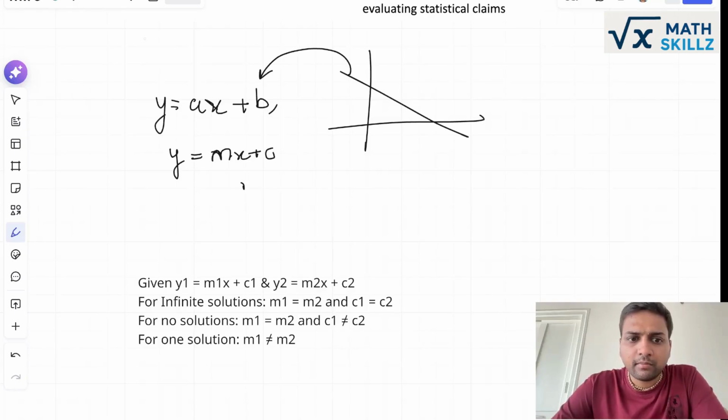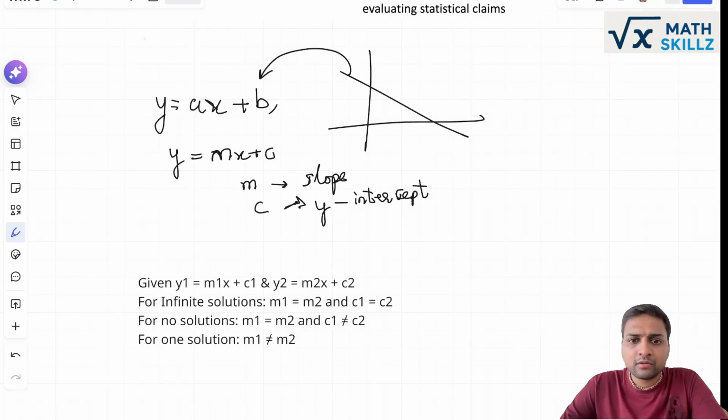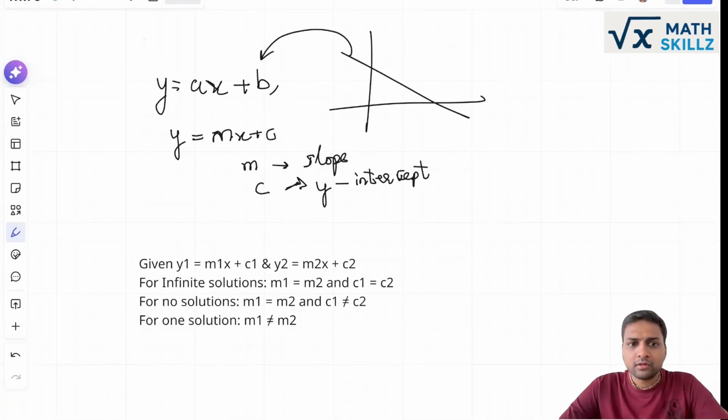Here m is the slope, and c is the y-intercept. Now we can analyze different sets of linear equations based on some conditions.